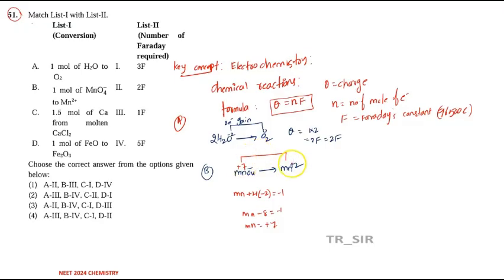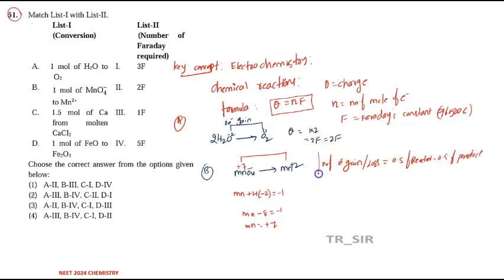That means we have to do 7 minus 2. The number of oxidation state in the reactant minus the number of oxidation state in the product gives the number of electrons gained. You can write your formula: number of electrons gained or lost is equal to the oxidation state of reactant minus the oxidation state of product.